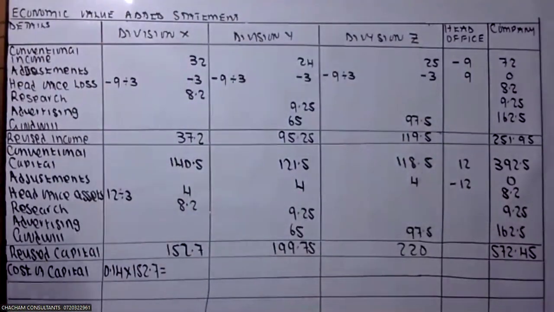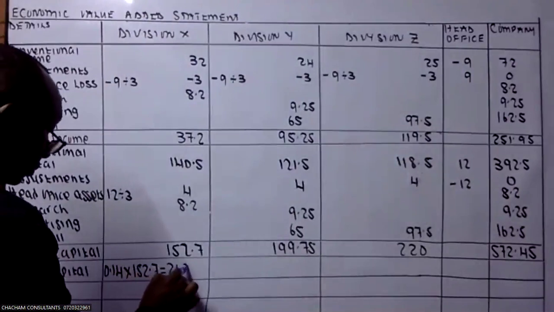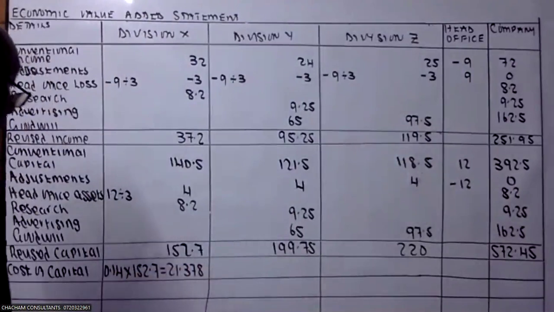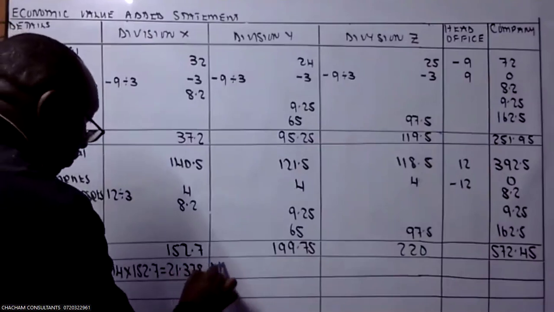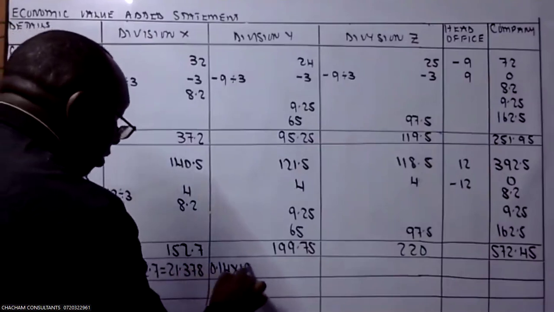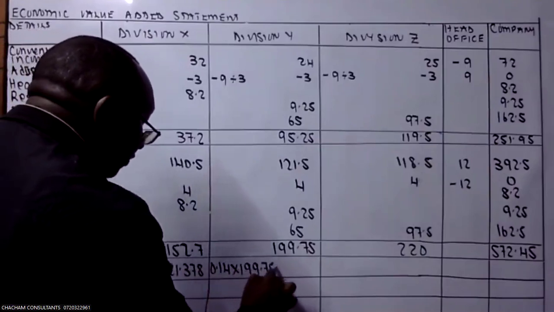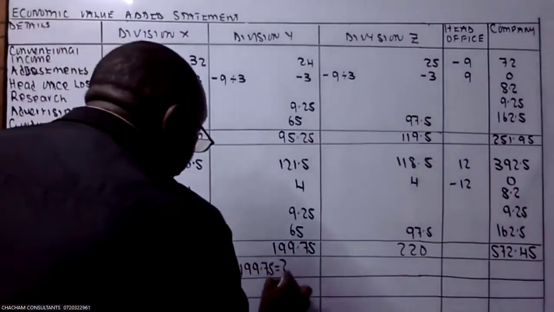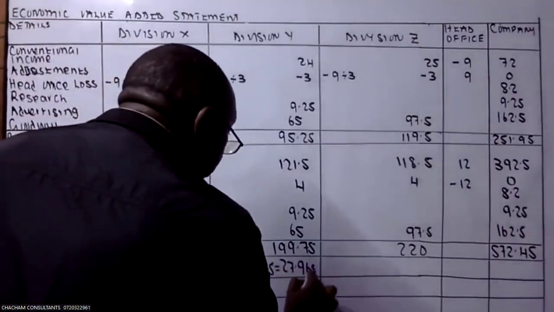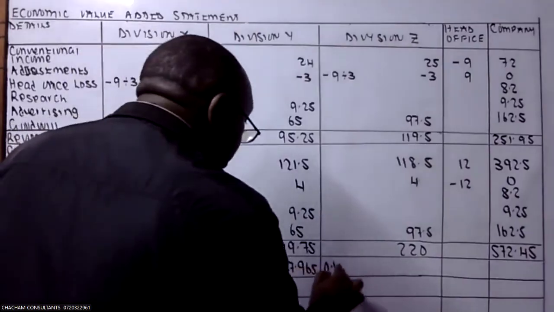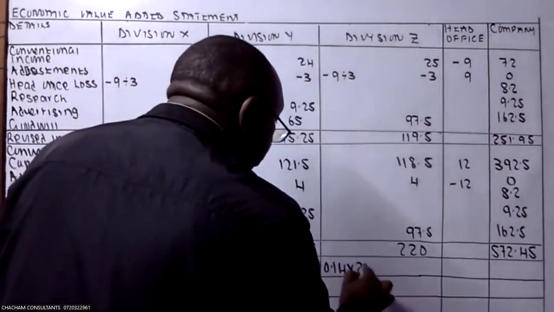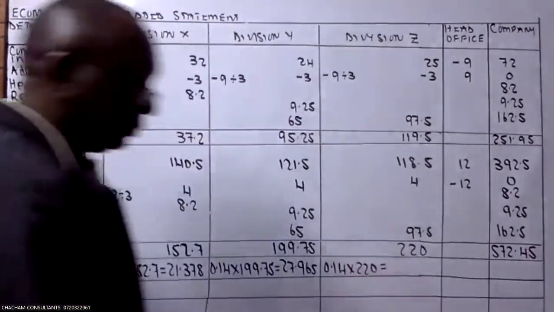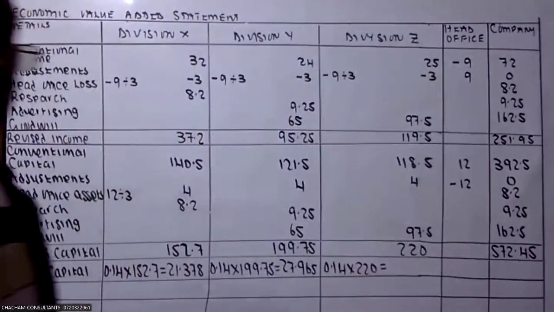That's 1.378. The same case here, 0.14 times 199.75. 27.965. Haya, 0.14 times 220. 30.8.